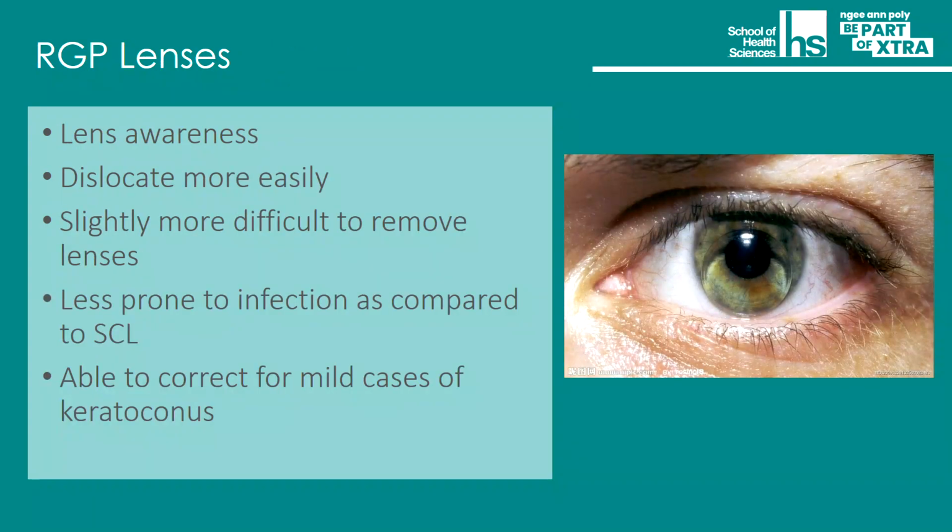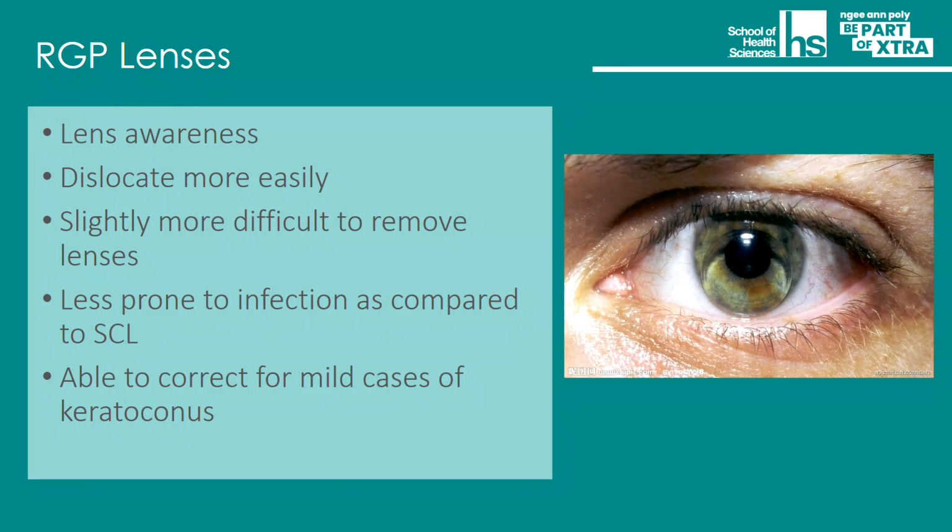RGP lenses, which are rigid gas permeable lenses, are also available in the market, but not commonly known. The reason is that the take-up rate of such lenses is a bit low because of lens awareness. Unlike soft lenses, where you have a soft, rubbery, light piece of plastic on your eye, RGP lenses, as the name suggests, are rigid. They are stiff.